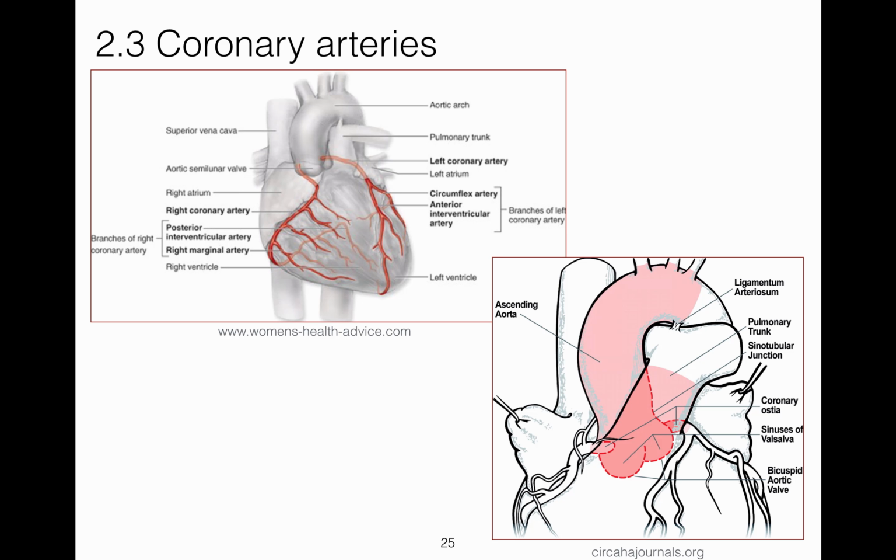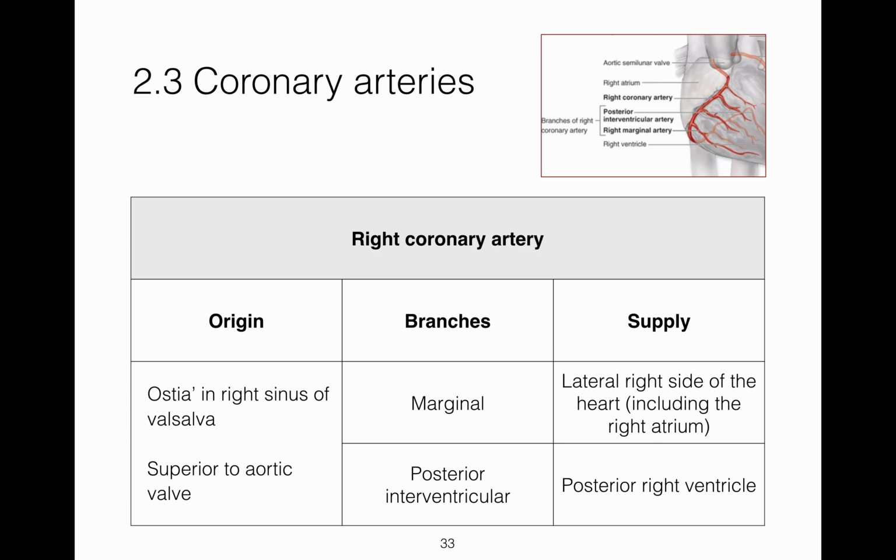The coronary arteries. The coronary arteries provide the heart with its own supply of blood to meet its significant metabolic needs. There are two main coronary arteries, the right coronary artery and the left coronary artery. The right coronary artery.